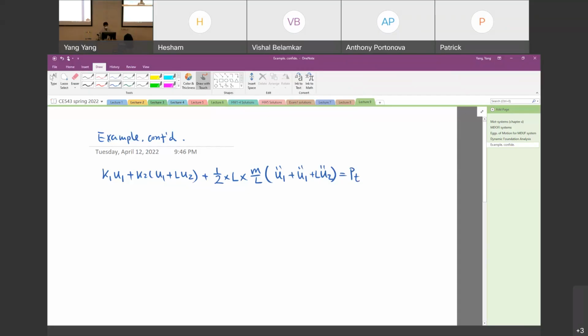That's the first equation. Does this make sense? The total inertial force should be equal to the area of the shape of the uniformly distributed inertial force. That's the first equation.